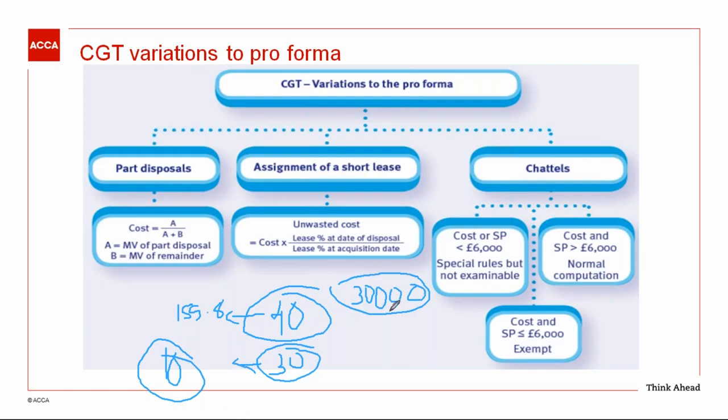So this 30,000, you divide by the percentage allocated at the time of acquisition and multiply it by the percentage at the date of disposal.